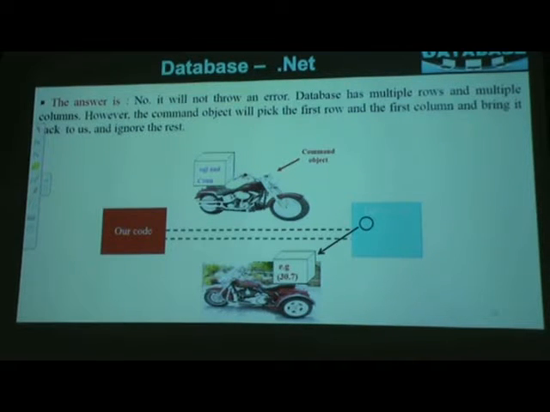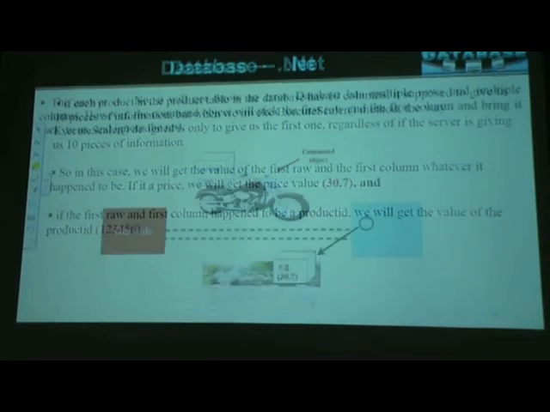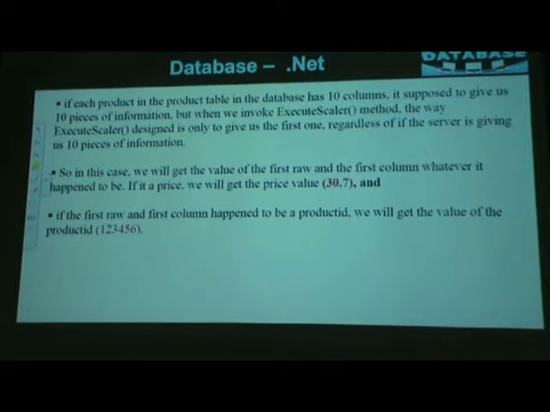So even if we write select star, meaning we need all the rows and all the columns, it will bring back only the first row and the first column, one entry. If each product in the product table has 10 columns, it is supposed to give us 10 pieces of information if we write select star from product where product ID is 1, 2, 3, 4, 5, 6.